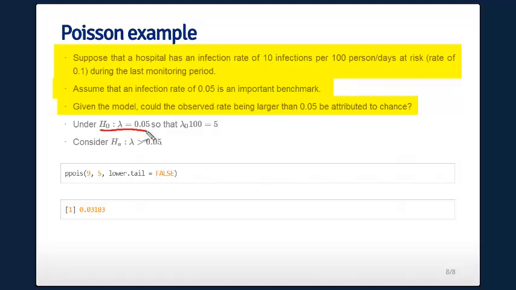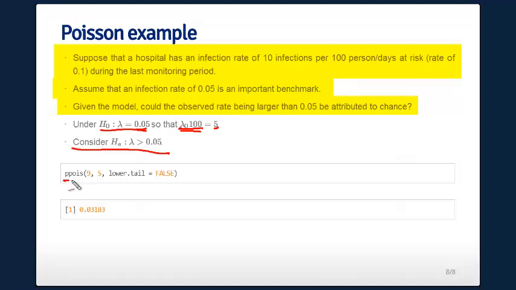So we want to test H naught: lambda equal 0.05. If lambda was 0.05, then lambda naught times 100 is 5, right? If the rate is 0.05 per day, then the rate when monitored for 100 days should be 5. So we want to test Ha: lambda greater than 0.05, because we're interested in whether our infection rate is higher than this benchmark.